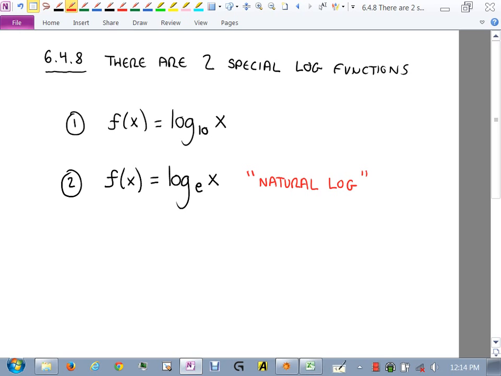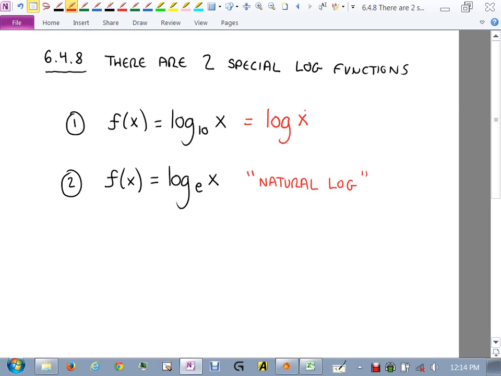They're used so much that there's a special notation for them. All right? Here's the special notation. If you want to do this log function, no need to write the 10. Just write log x.